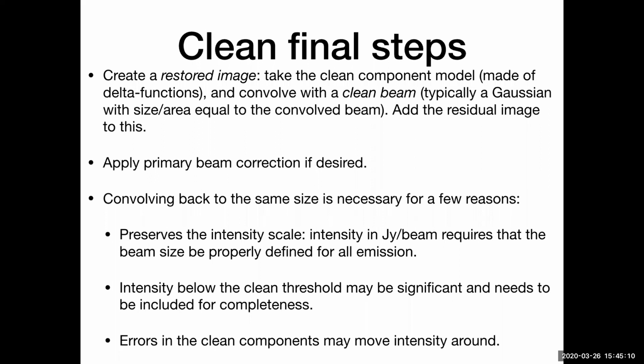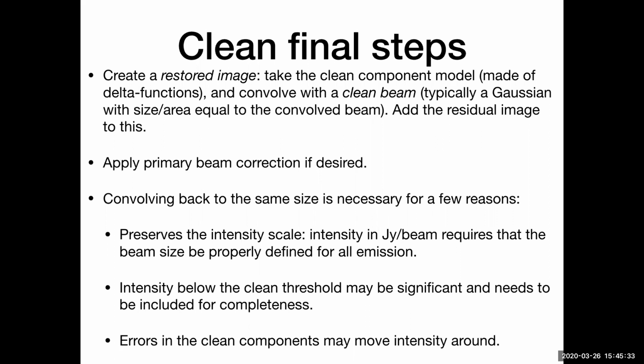And after that, you then create a restored image where you take your clean component model, which is all just delta functions, and you then convolve it with a clean beam, which is usually a Gaussian, and you usually choose it to be a Gaussian that has the same size as the main lobe of your synthesized beam.